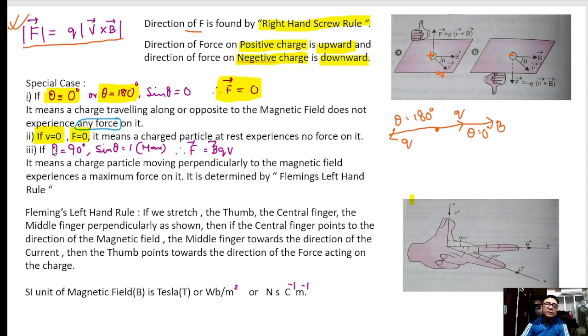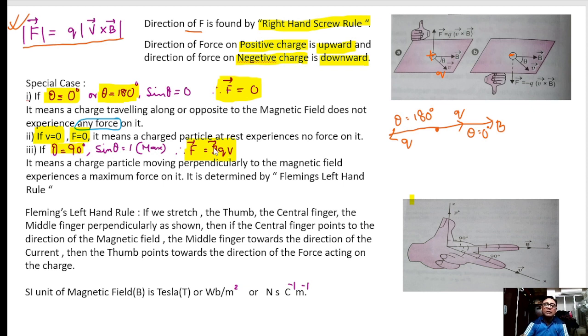Similarly, if theta is 90 degree, that means the charge is moving perpendicular, the force acting will be the maximum force. This is the maximum force acting on the charge, only when theta is 90 degree.